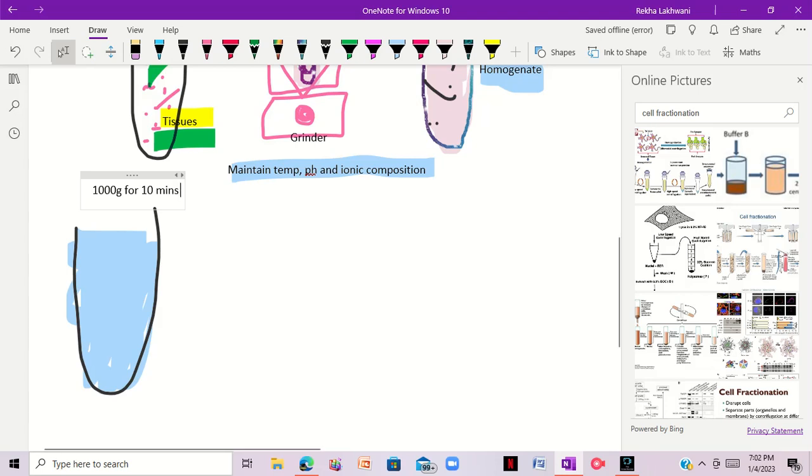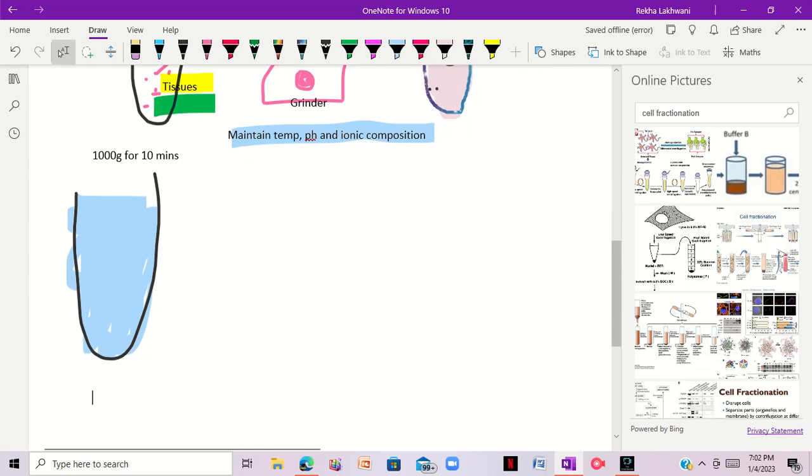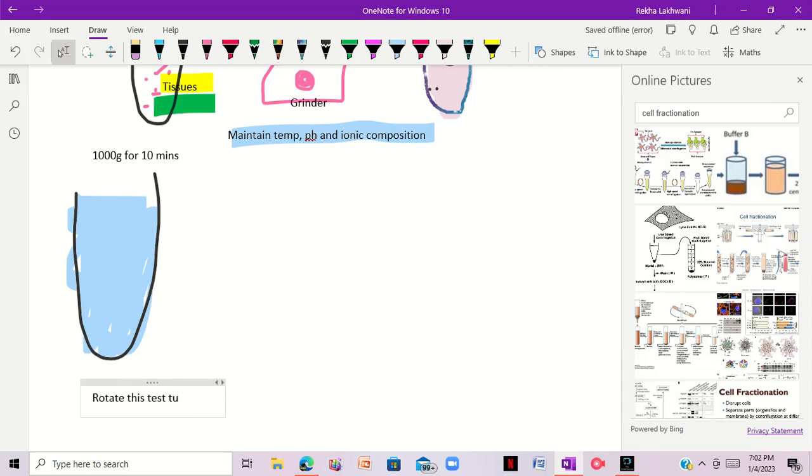Now what is 1000 G? It means that you will rotate this test tube. 1000 G means 1000 multiplied by the value of G. Now what is the value of G?